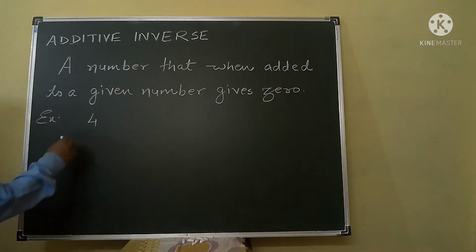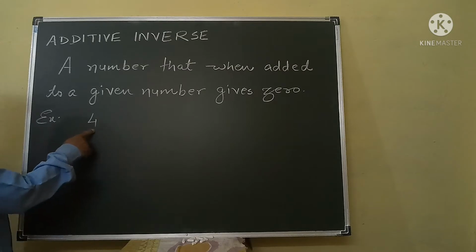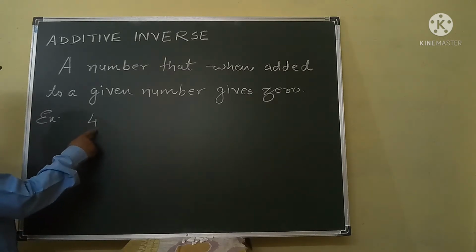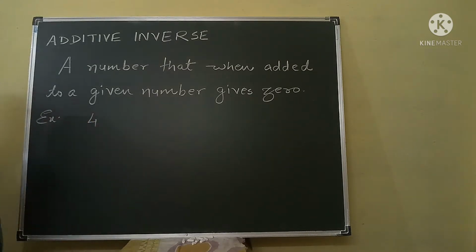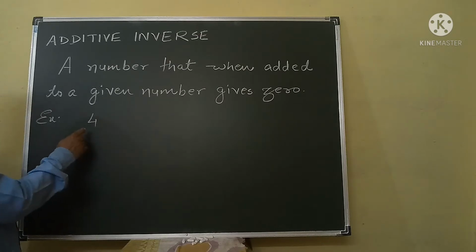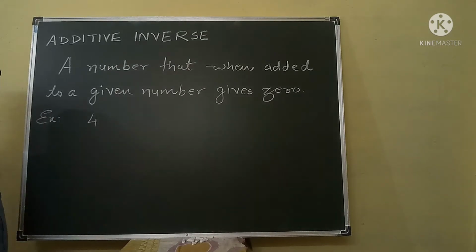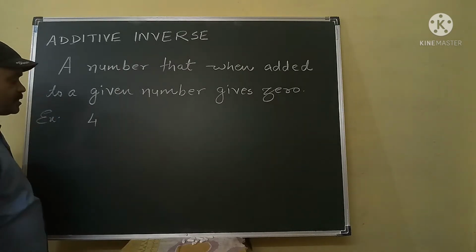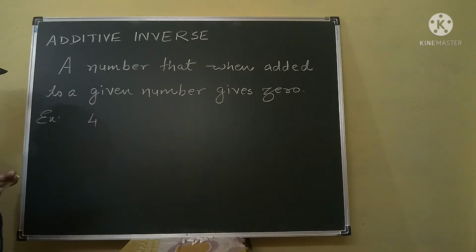So this is 4, and 4 is a positive integer. Which number will you add to 4 to get 0? It is a very easy answer.